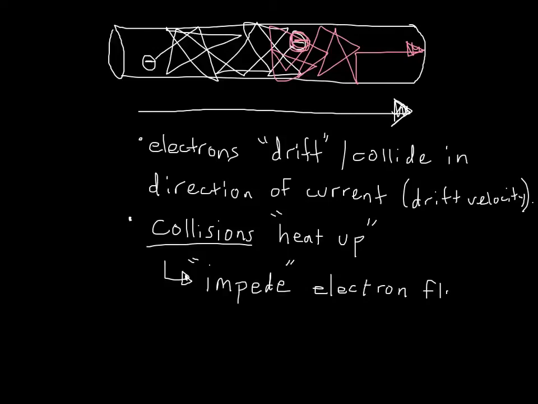And the amount that these wires impede electron flow, we call this the resistivity of a wire. And we label this with the Greek letter rho. Now, the resistivity of different materials is different.